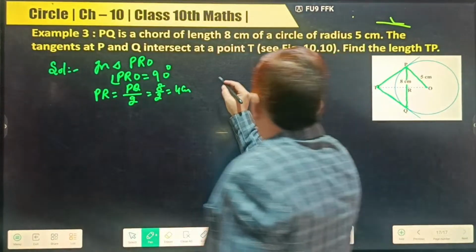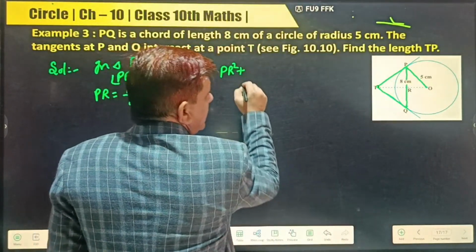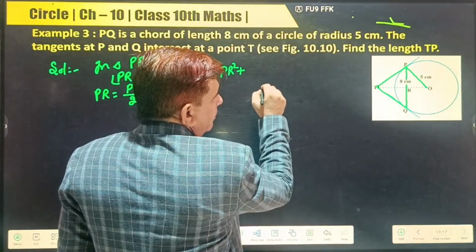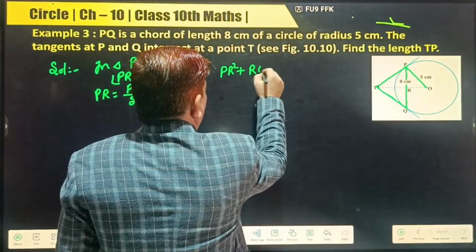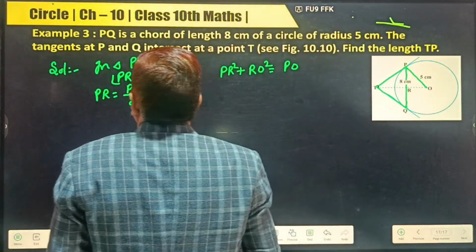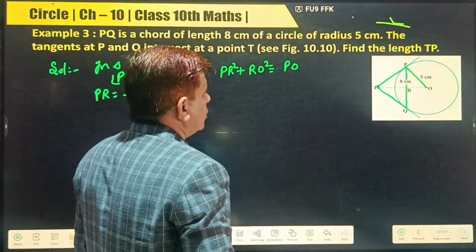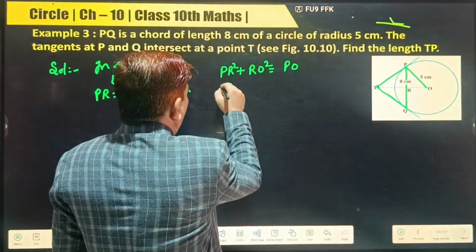So in this triangle, PR square plus RO square is equal to PO square. Understood? PR is 4.